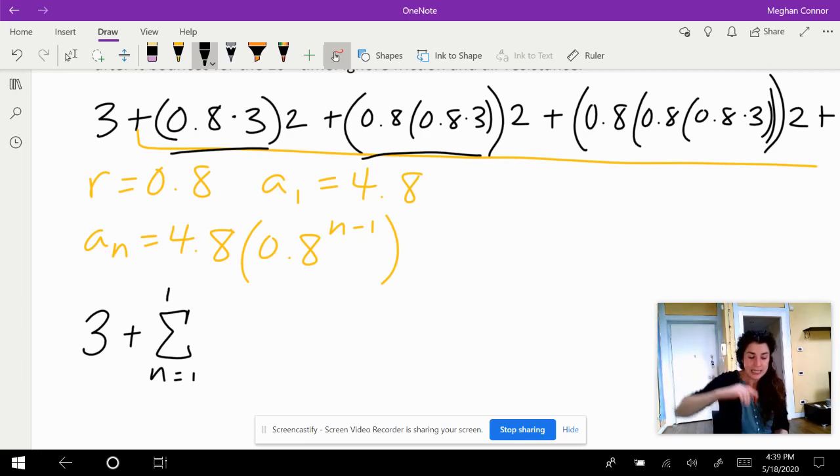Well, notice that the height after the first bounce also coincides with our first term, A sub 1, which is 4.8. So if we want to know after the 10th bounce, we are calculating all the way up to 10 here. At first, I wanted to say 9 because we got rid of 3, but technically 3 happened before the first bounce. Okay.